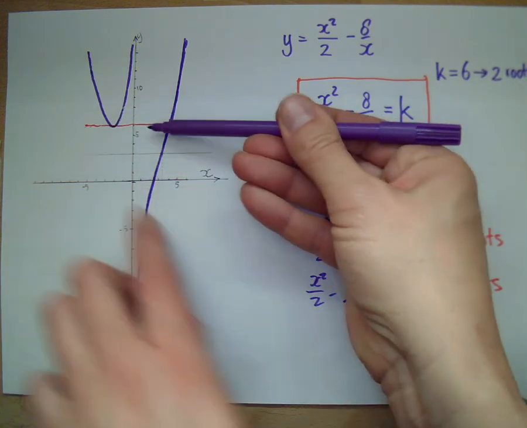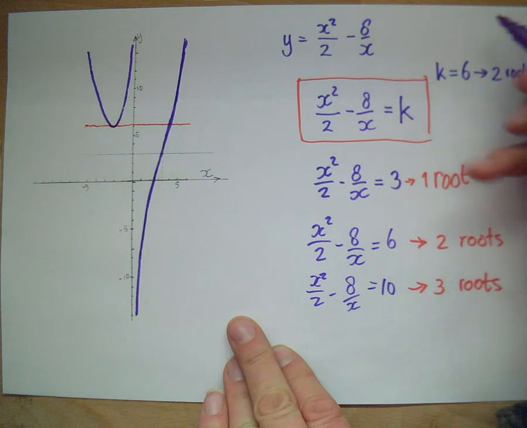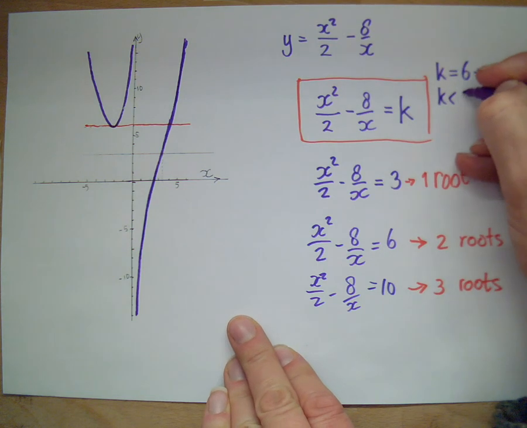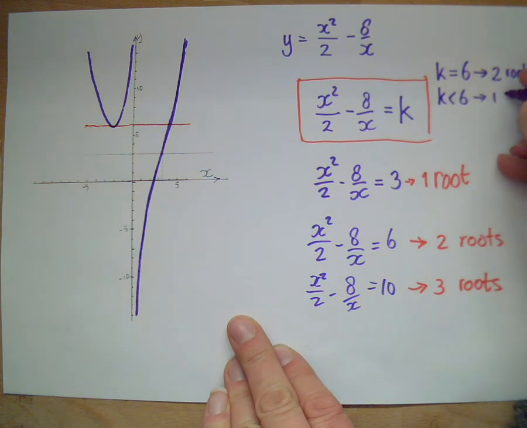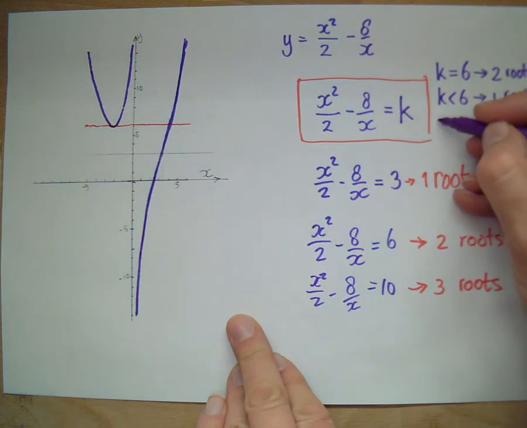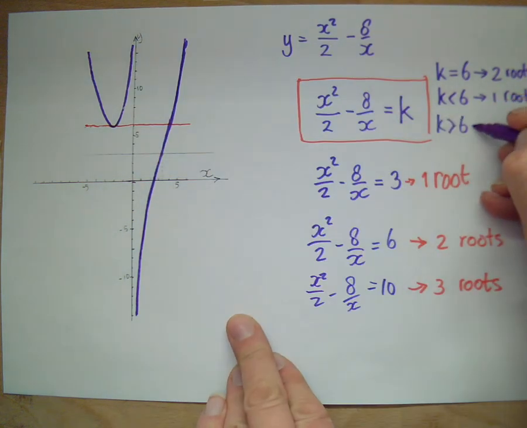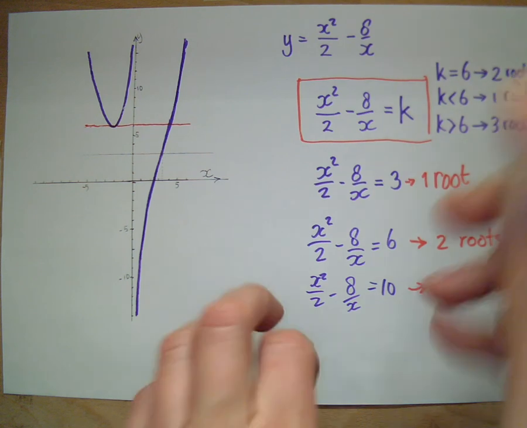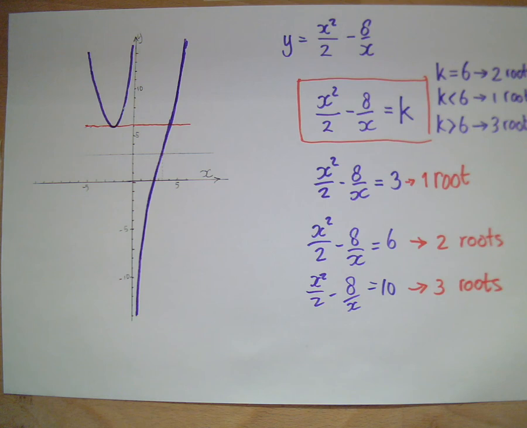If k is smaller than 6, so anything smaller than 6, it'll give 1 root, and everything bigger than 6 is going to give 3 roots, right?